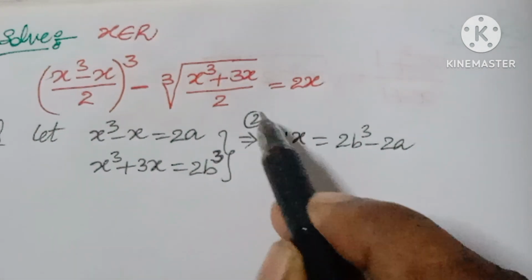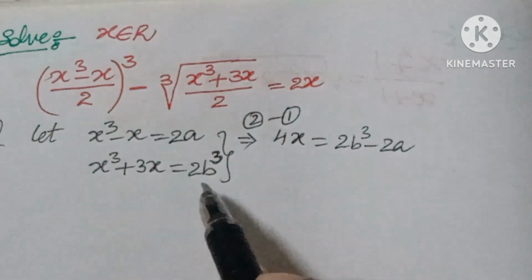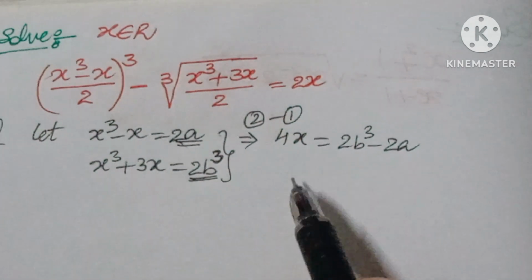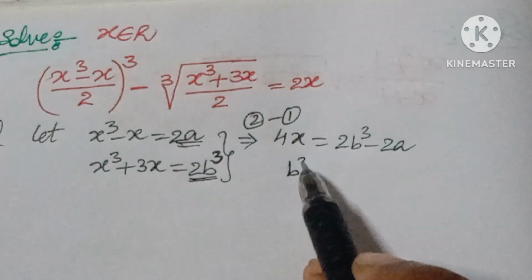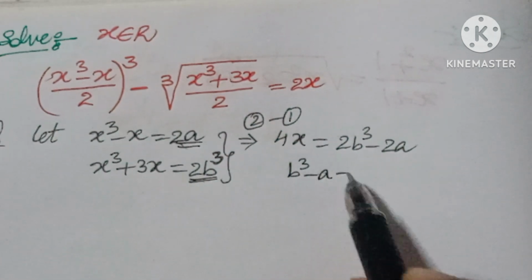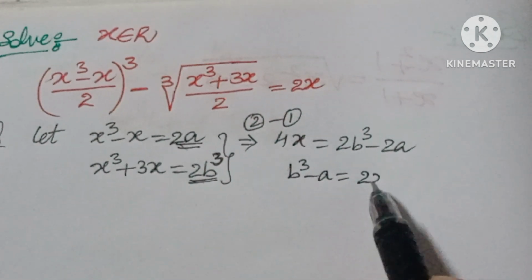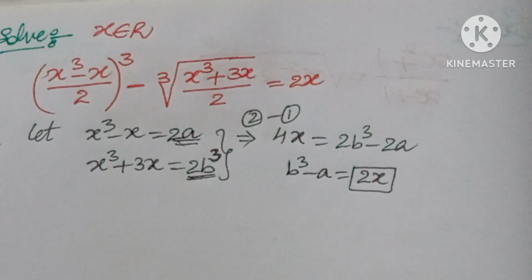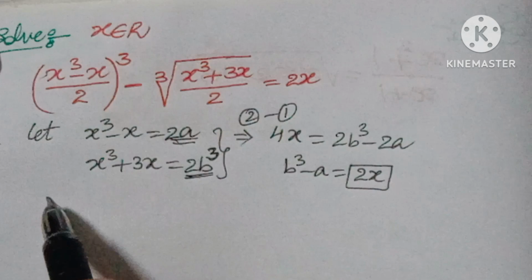Second minus first. So b cubed minus a is equal to 2x, taking 2 common. Now we can substitute in the given equation.